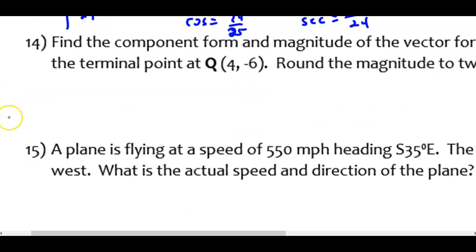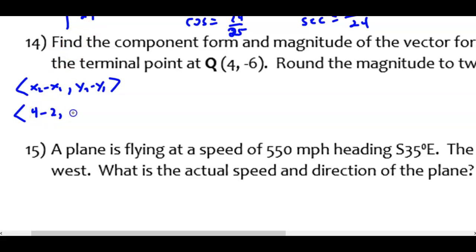Find the component form and magnitude of the vector from the initial point (2, 7) to the terminal point (4, -6). Remember, to find the vector, we do x2 minus x1, y2 minus y1. So x2 is 4, x1 is 2: 4 minus 2.